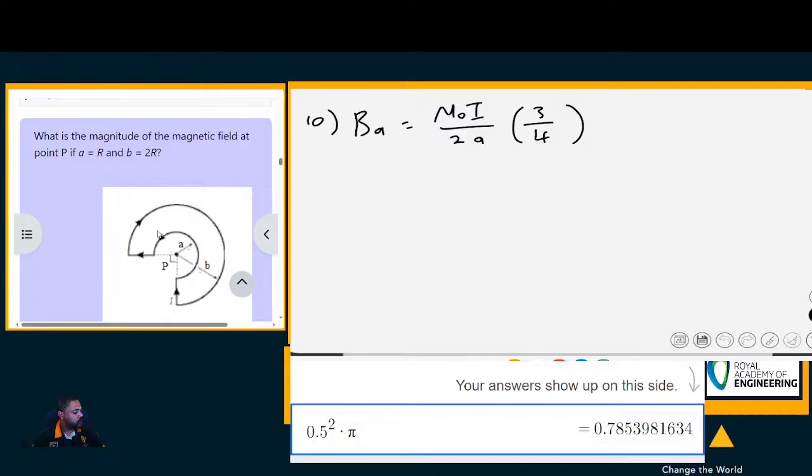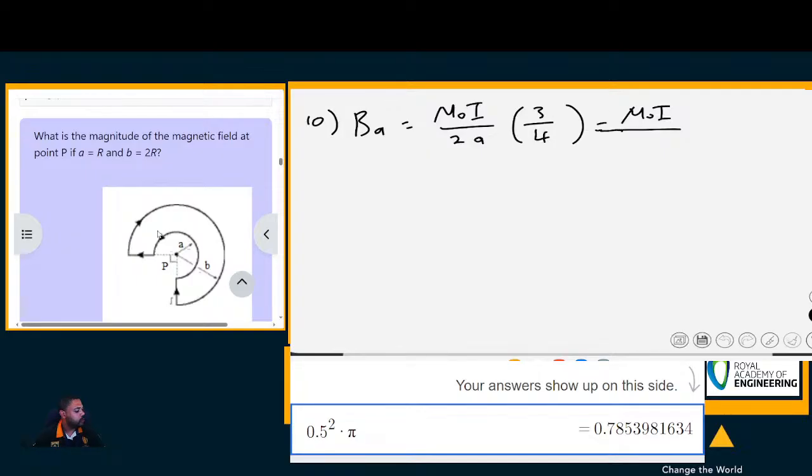Let me write it right next to it so I can have some space. So it's mu naught I over 2a times 3.